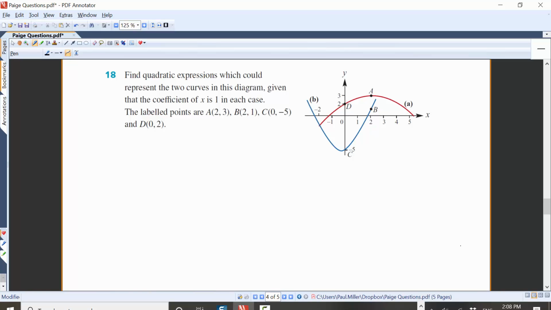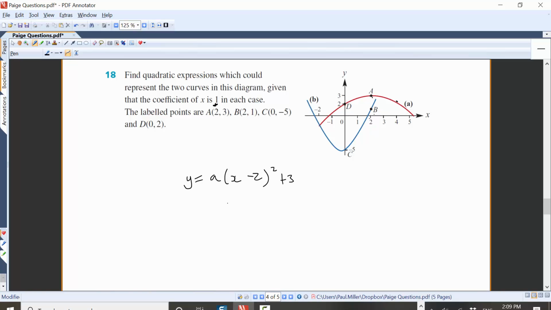Find quadratic expressions which could represent the two curves, given that the coefficient of x is 1 in each case. Ooh, what to do with this one? All right, well, let's do curve A first of all, this one. So I'm going to say that we've got y = a(x - 2)^2 + 3, where that is the turning point.